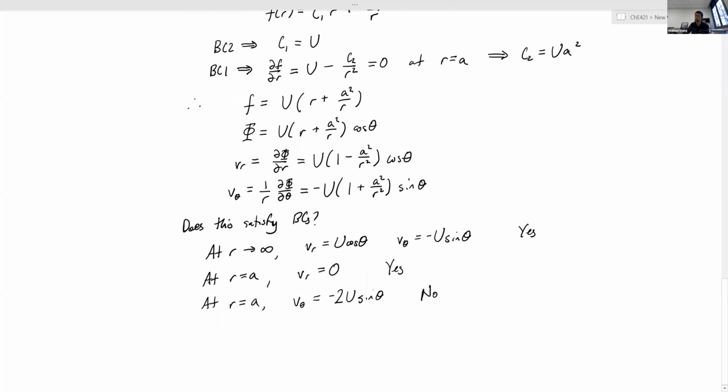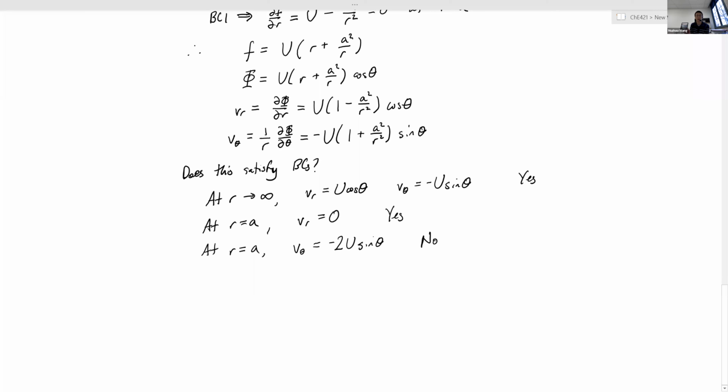But maybe not to worry. We talked about this a little bit already, right? Our solution does not satisfy the no-slip boundary condition. And that's because mu is equal to 0, because it's an inviscid flow profile, right?